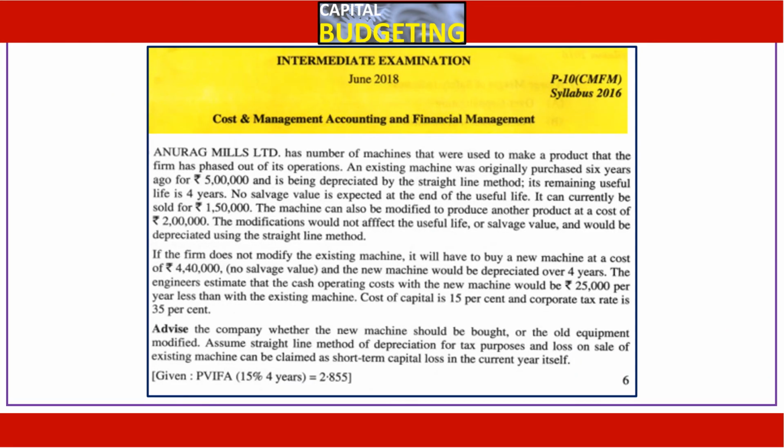This is a problem from June 2018, a simple and straightforward problem. The company has machines. One of the machines which was purchased in the past could either be sold or modified. That is the option. If it is sold, there is one clause here.